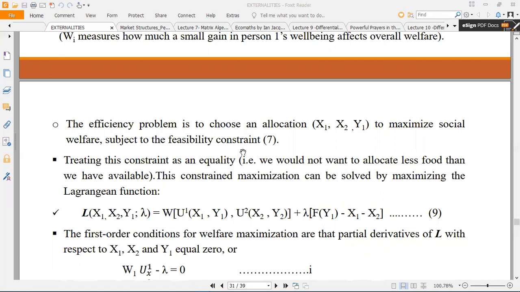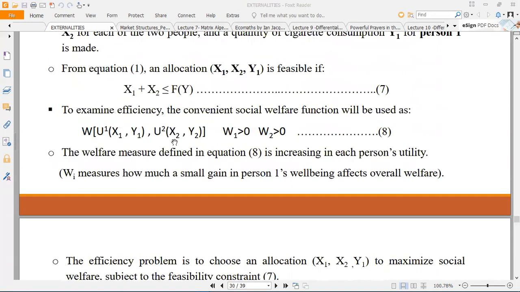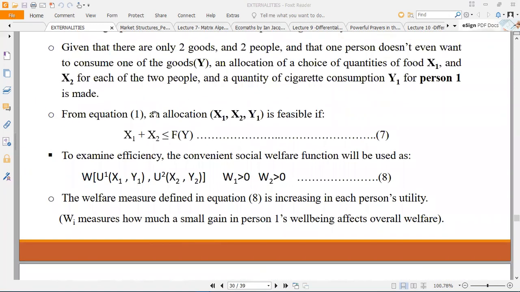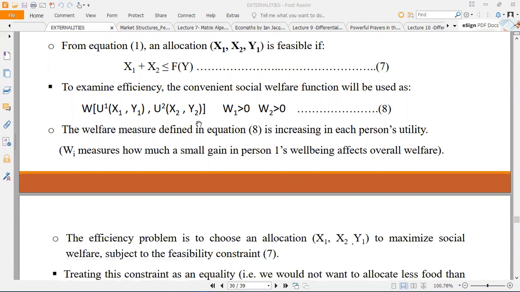We form our Lagrangian function. We bring the objective function first and then the constraint. Here the objective function is the social welfare function, and then the constraint is going to be the feasibility constraint, the one that we have here.